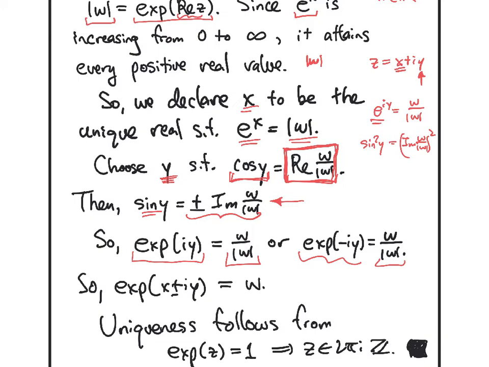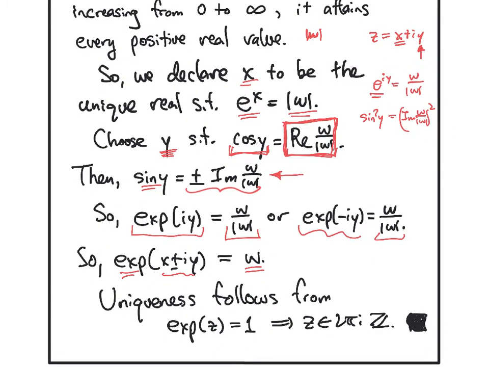But in either case, in one of these cases, we'll get what we want. So the exponential of either x plus iy or x minus iy will give us w. And so that solves the part of constructing one inverse image.